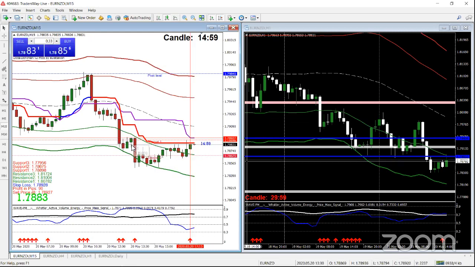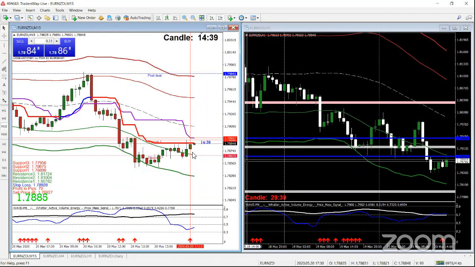On the 15-minute, I can see Magic Trend win. Yep, Magic Trend wins, right under. It used up the whole 15 minutes to get the win.